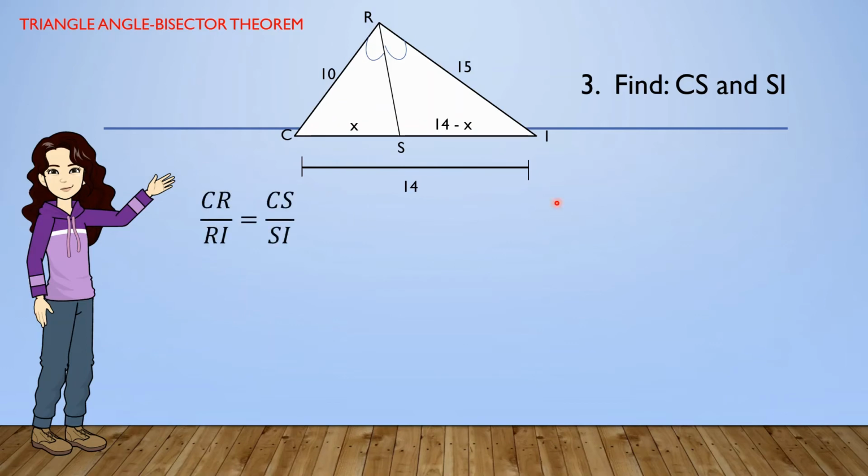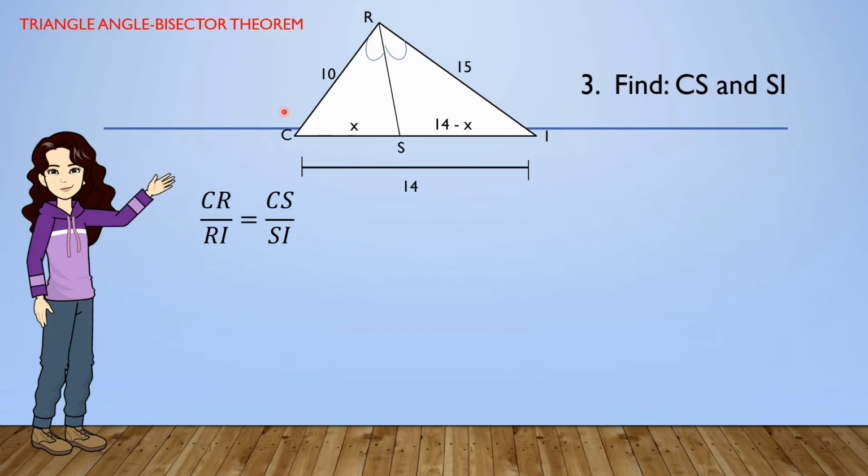So what are the proportional segments? CR over RI is equal to CS over SI. Substitute the values.